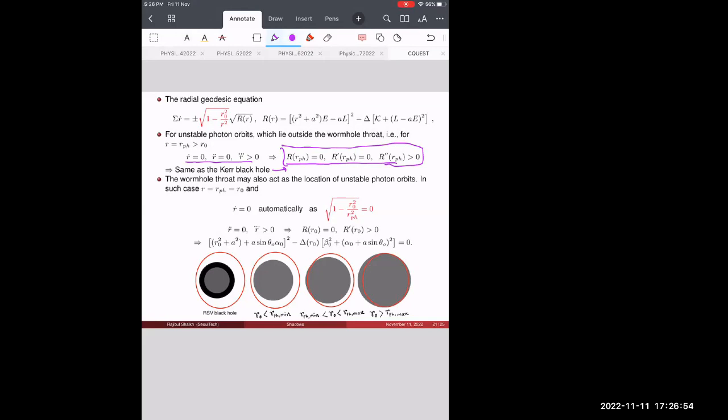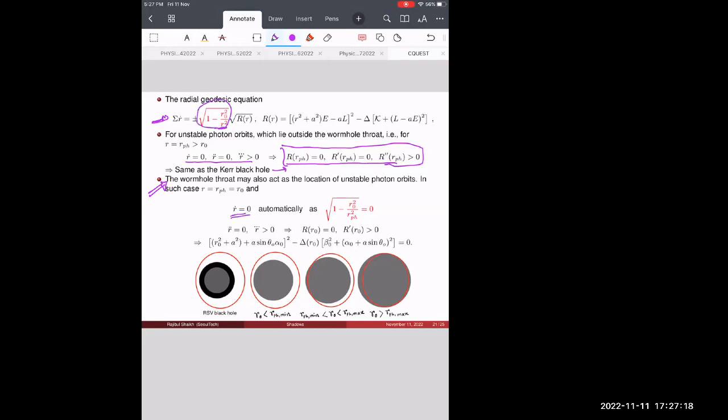However, we know that the wormhole throat can also act as a location of the unstable photon orbit radius, and this can be seen from this equation. So suppose I consider an unstable circular orbit radius at the wormhole throat, then for that r_ph equals r naught, so this term vanishes.